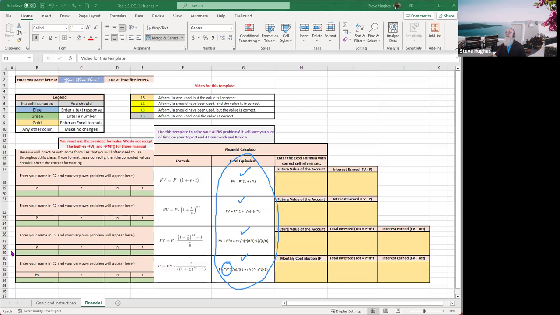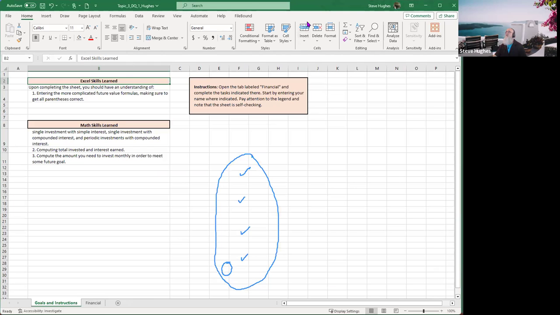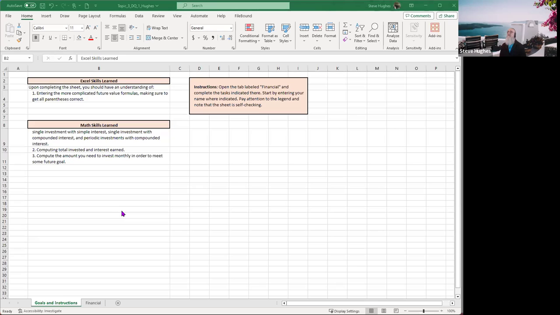Before we go too far, let's take a look at the goals and instructions for this. All right, so we want to study and enter complicated future value formulas, making sure to get all the parentheses correct. That's a big objective, everybody. Be careful with that.